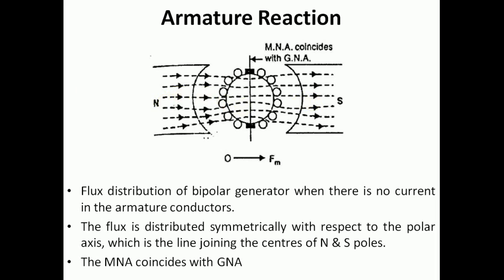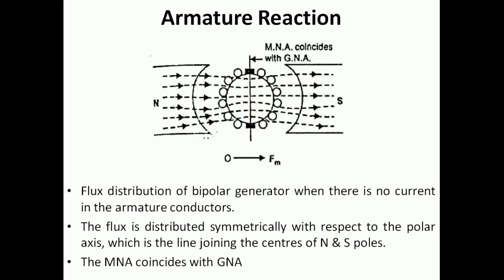The line perpendicular to this polar axis is called the interpolar axis. It is also said to be the geometrical neutral axis. It is represented here.